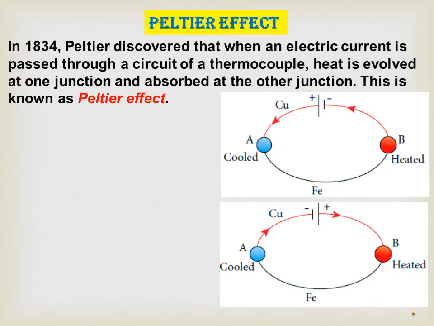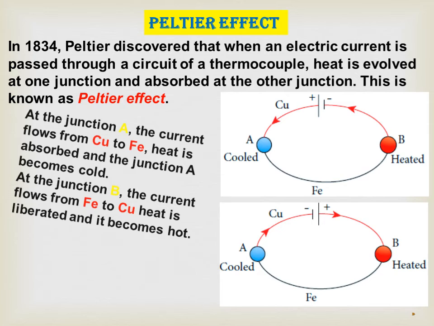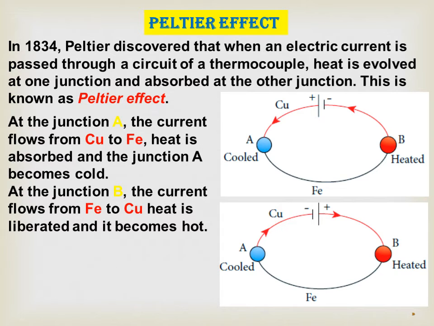When the direction of current is reversed, as in the second picture, junction A gets heated and junction B gets cooled, as shown in the figure. Hence, the Peltier effect is reversible.